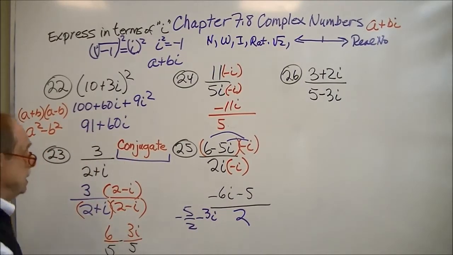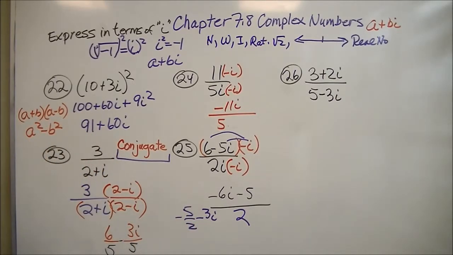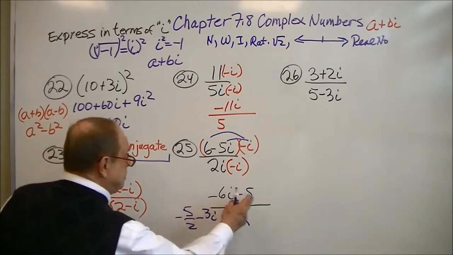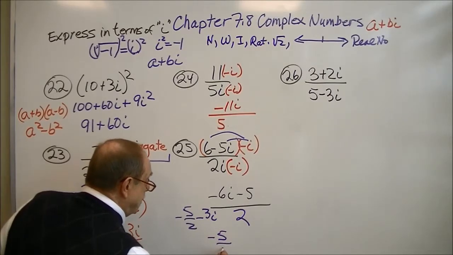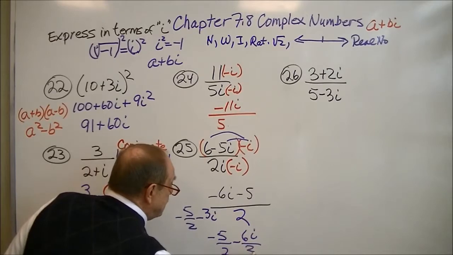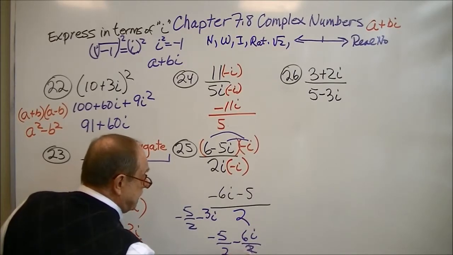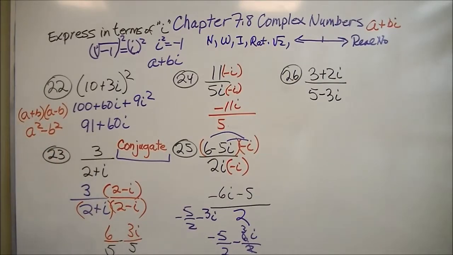No, they put it this way, yeah. So that's how it is. When you put it negative 5 over 2 minus 6i over 2, this cancels out and you get a 3, and that's what we have. Okay.